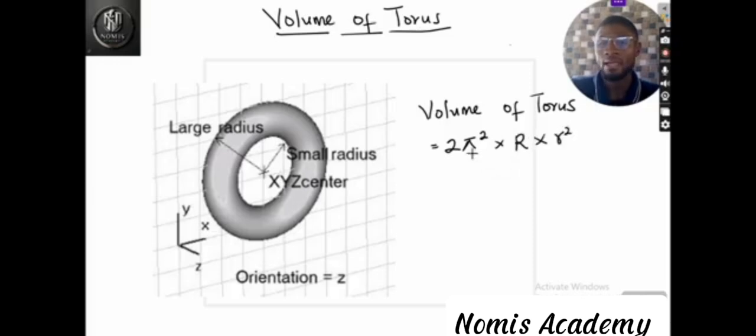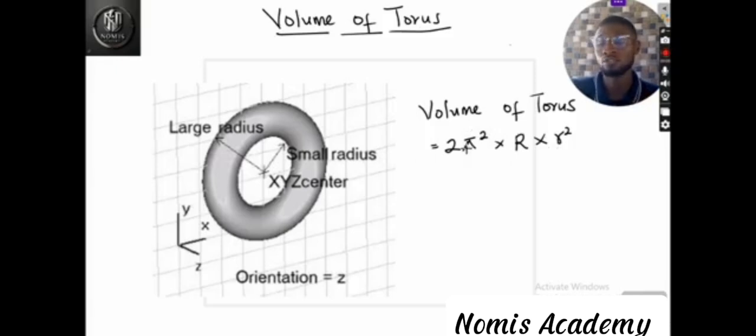Where pi is 22/7, we know it to be the ratio of circumference to the diameter. So it's always 22/7, or in decimal number we can put it 3.142 to 3 decimal places. While capital letter R is the external radius or the larger radius of the torus, and this small letter r is the smaller radius, the internal radius of the torus. So this is the formula to calculate volume of torus.